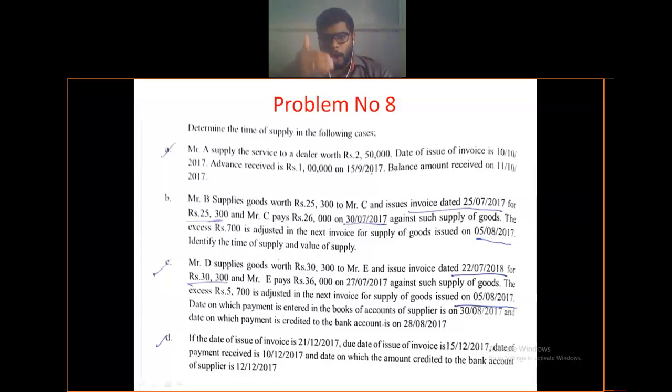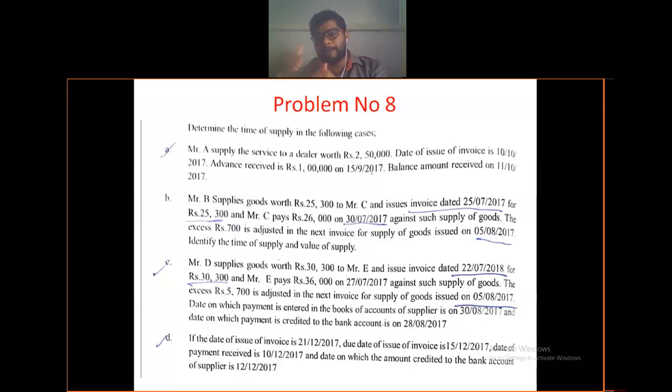You understood? Value of supply is 2,50,000. 1 lakh received on 15/9/2017. Therefore, for 1 lakh rupees, time of supply is 15 September 2017. But for the balance amount, how much is the balance amount? 1,50,000. For those 1,50,000 rupees, you have to compare two things: date of issue of invoice as well as date of amount received.